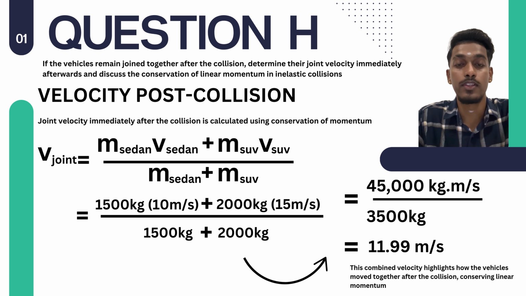After we get this answer, we need to divide it by the combined mass of SUV and sedan. So it's 1500 kilograms times 10 meter per second plus 2000 kilograms times 15 meter per second, then divided by 3500 kilograms. We would get the answer 11.99 meter per second, which is the joint velocity.